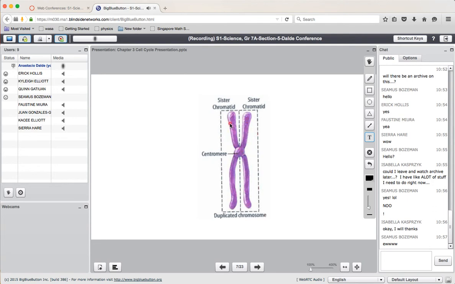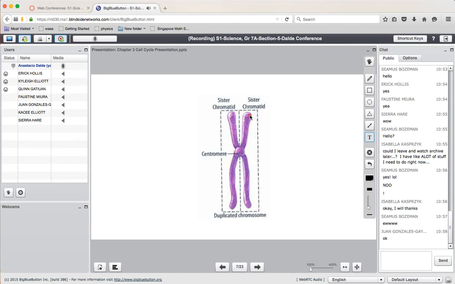Maybe the best way to think about this is, say that this is a butterfly wing on this side, and on the right side, there's an identical butterfly wing. And so the butterfly has two wings, and it's connected in the middle by the centromere, and it's got two identical wings. Does that kind of make sense to you?